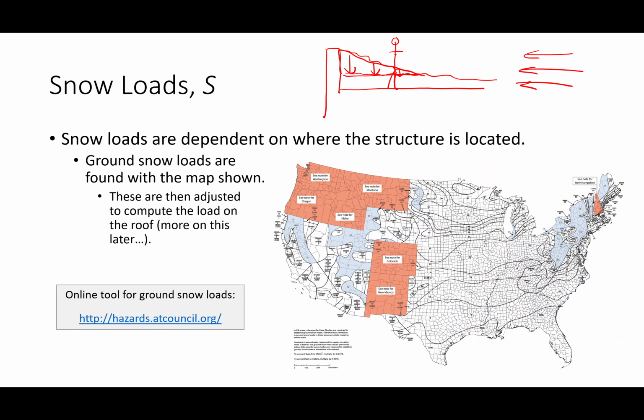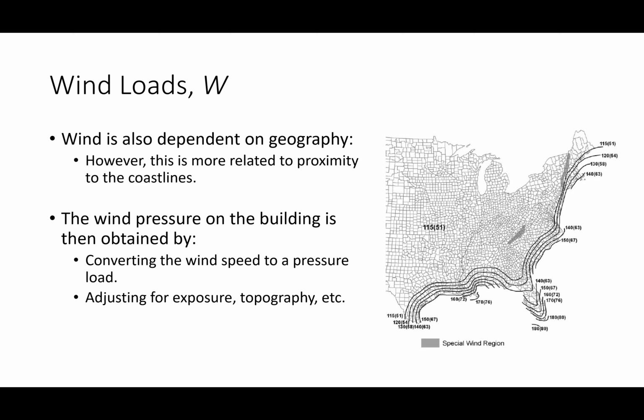Wind loads. Wind loads are also a function of where you're at in the United States. Now, why is it that the wind speed is pretty much the same everywhere in the country except for the coasts? Why is the wind speed different on the coasts? What happens on the coasts that makes the wind speeds higher? Hurricanes. Yeah, hurricanes, right?